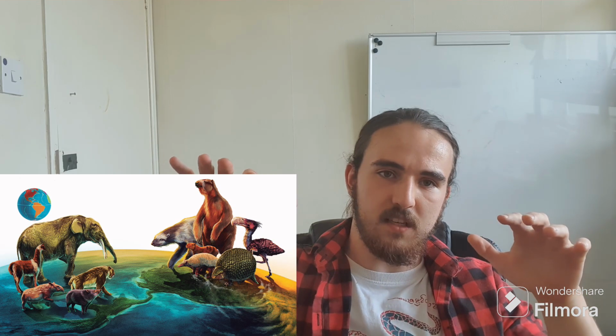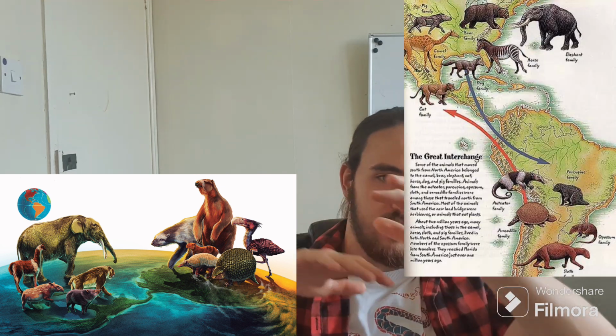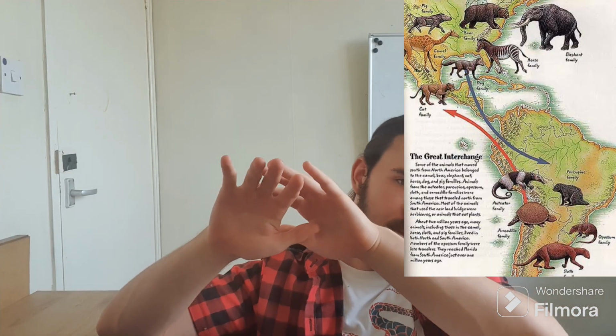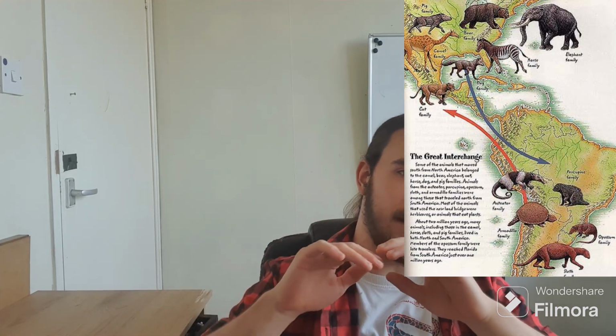It was not until 2.5 million years ago, when South America started to connect with North America, that all the species started exploring what was part of North America and what was part of South America. The perfect examples are the Smilodons and the wolves.